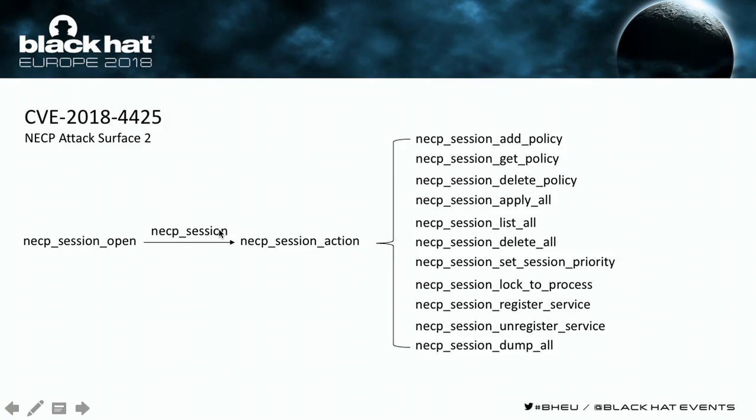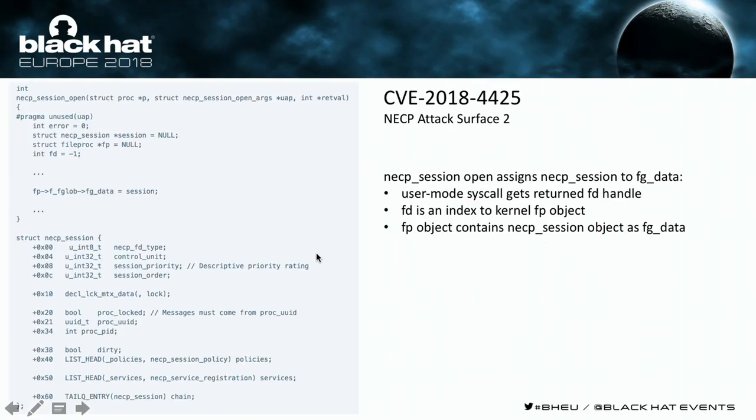And then you can call the NECP session action to call the following actions according to the returned handle. So let's see the NECP session open function. It creates the NECP session object in kernel and stores the newly allocated kernel object to FG data in FP, and then returns the handle back to the user mode fuzzer.